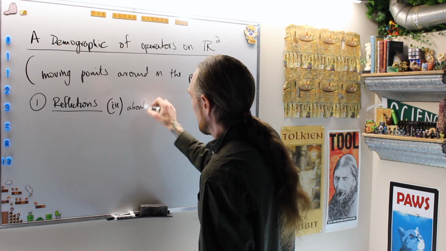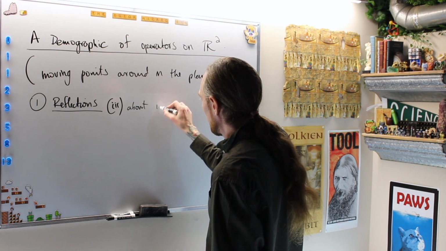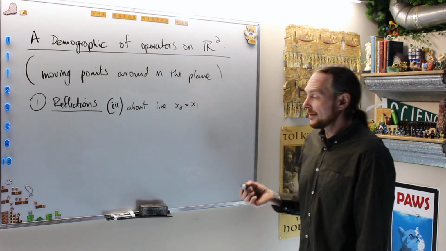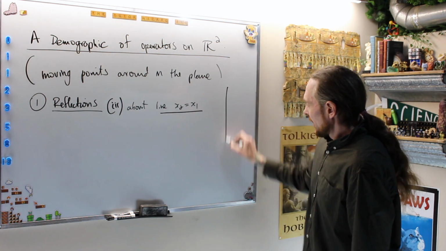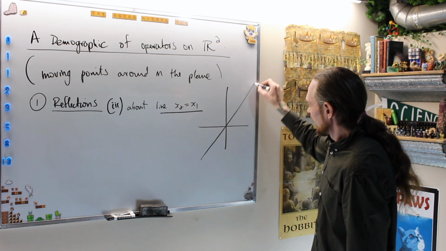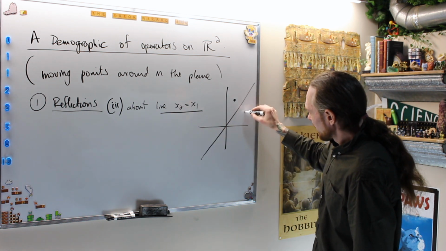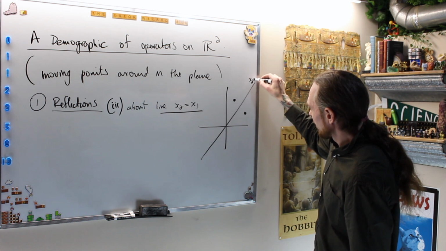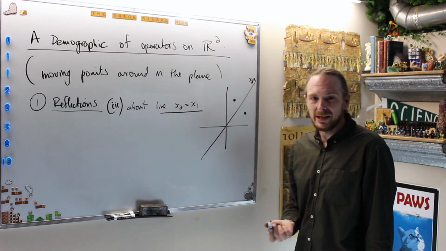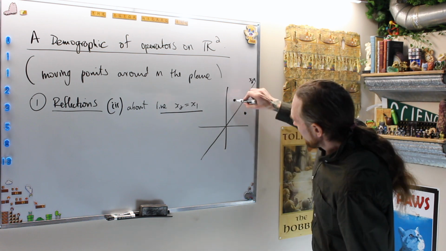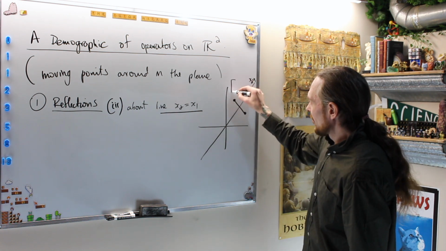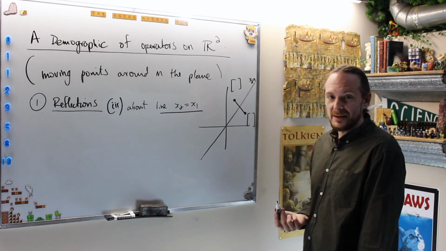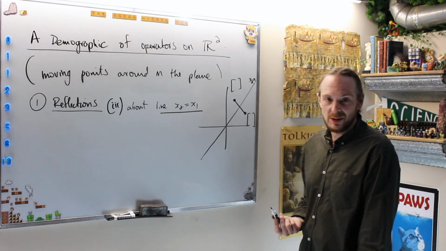Three. About the line x2 equals x1 or y equals x. Again, what are we saying? I'm drawing the picture of what I just erased in the general scenario, but now I know the equation is x2 equals x1 or x2 minus x1 equals 0. What does that do? Again, we saw, or I'm cheating because I know what happens in the definition of obtaining the graph by reflecting about the line y equals x.